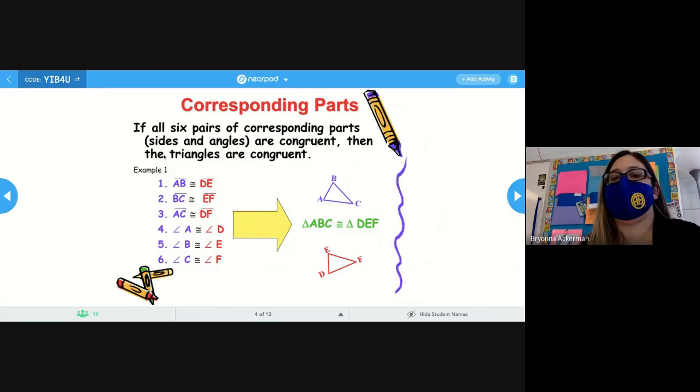And since it had these 6 pieces, we could then say that triangle ABC was congruent to triangle DEF. The whole point is if it has corresponding parts, then we know that they're in fact congruent. But it also works the other way around. If I tell you they're congruent, then you know it has corresponding parts. So really this arrow could be going both ways, okay?